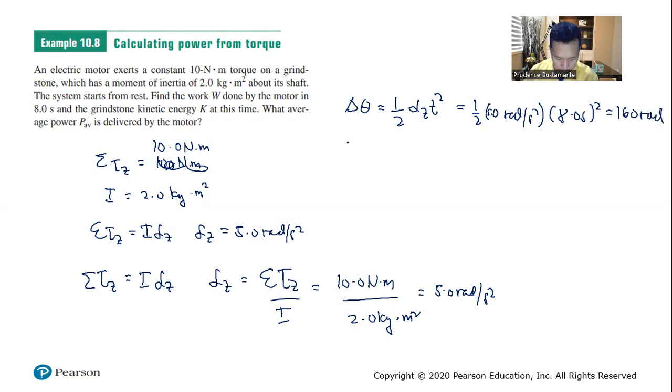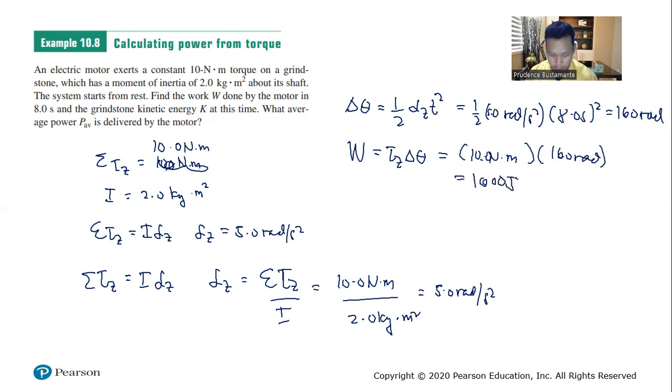We also have our work, which for a constant torque is the torque times theta, so 10.0 Newton meter times 160 radians. So we have 1,600 joules.